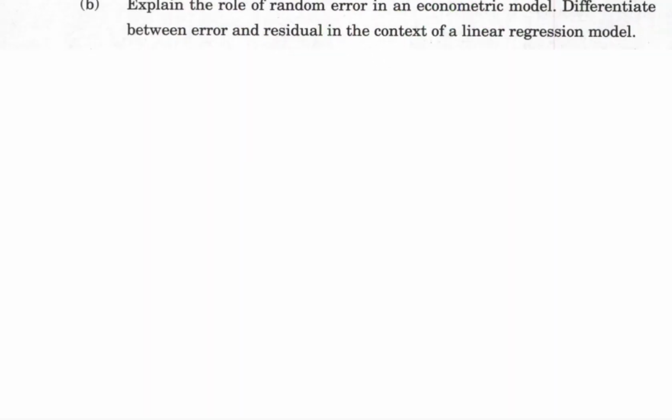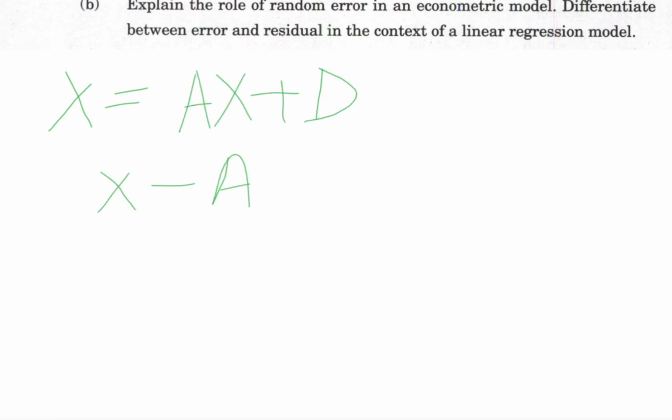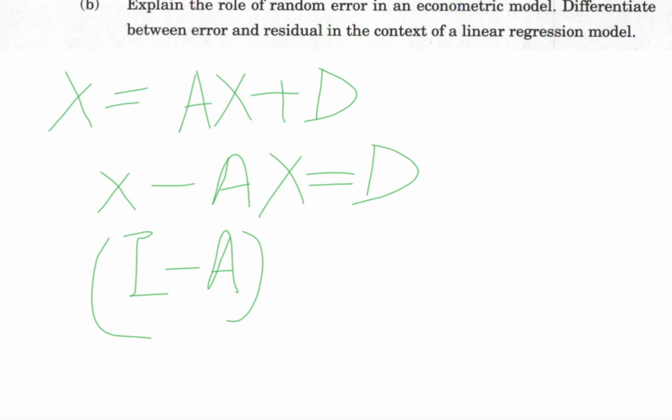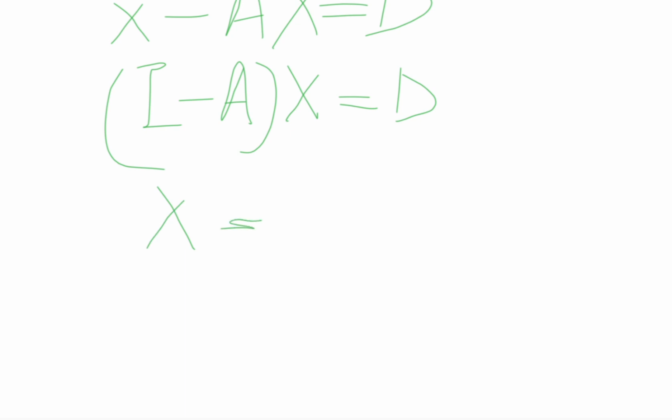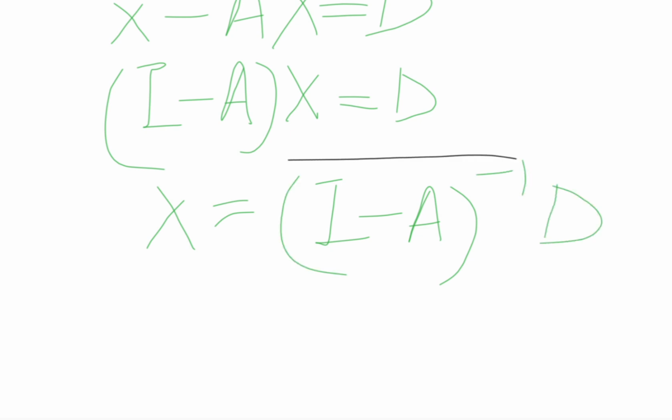We know the basic equation is given as x = Ax + d, so x - Ax = d, (I - A)x = d, which implies x = (I - A) inverse d. This is the final equation.